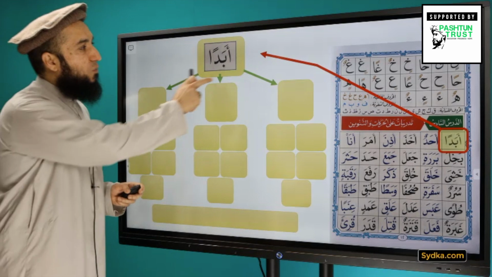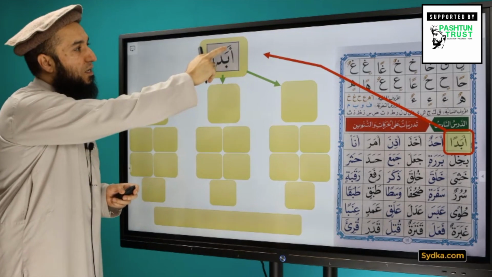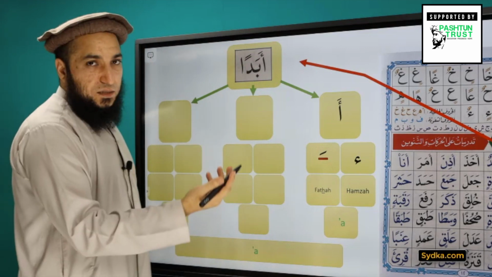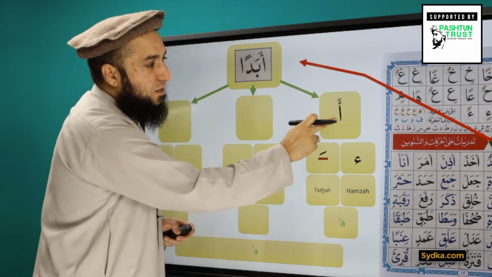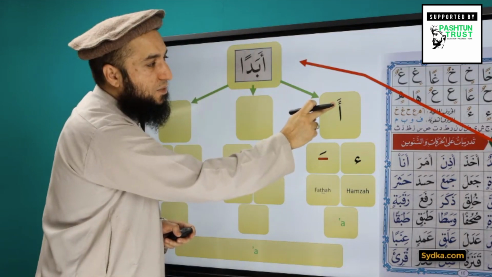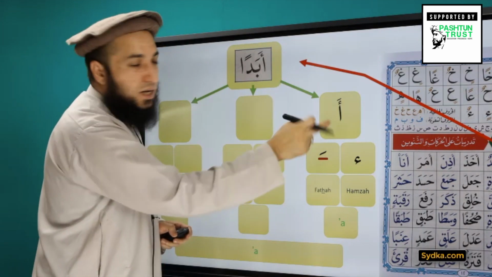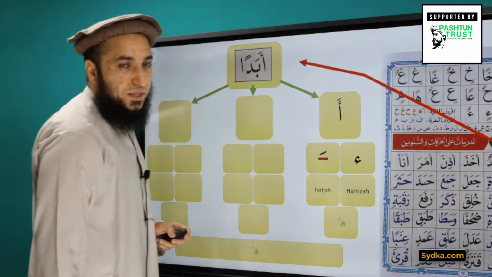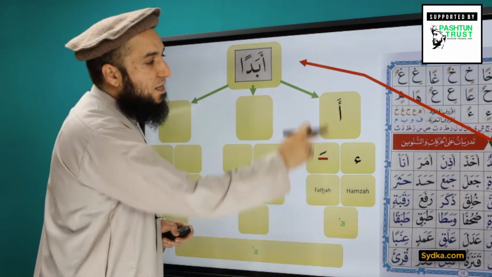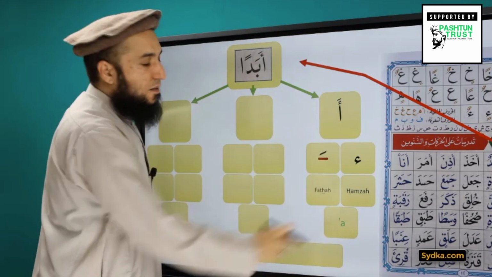The first word has 3 syllables. For the first syllable, we recognize the letters first: alif is the first letter, hamza the next letter, and then the harakat that are used. Here we use fatha. Hamza fatha a.